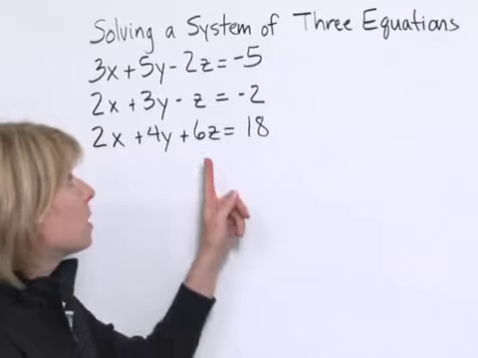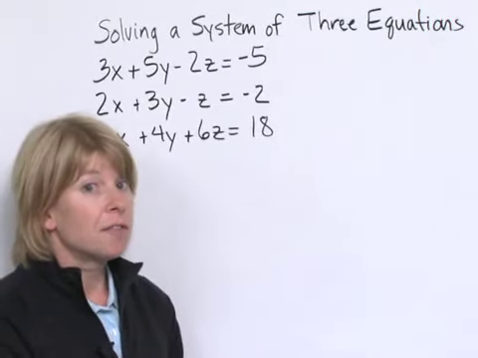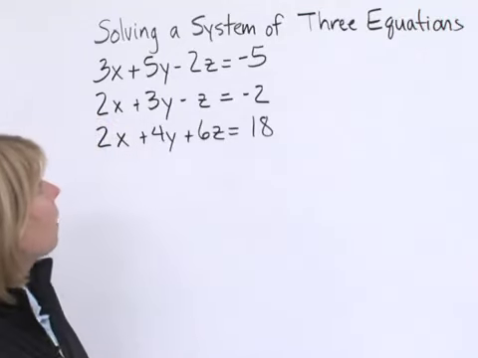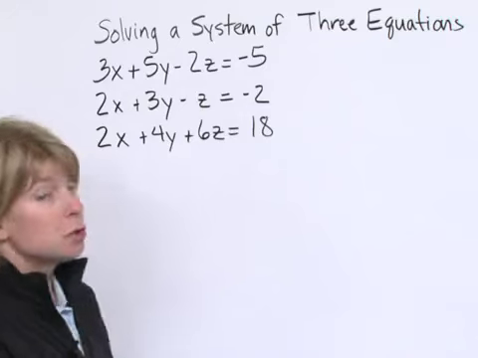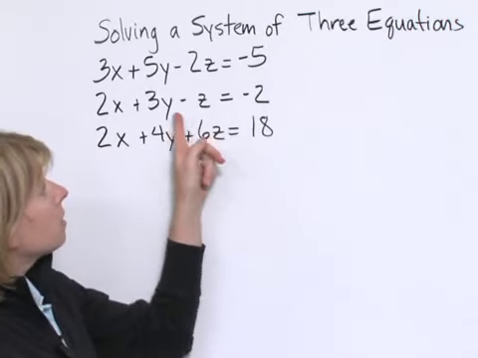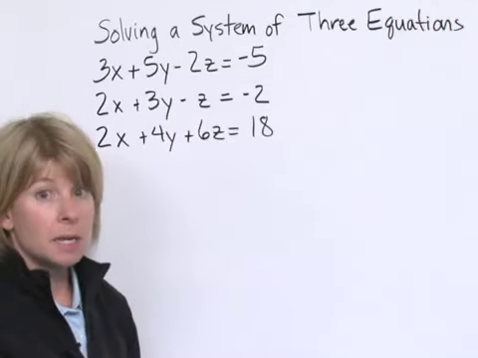Here we have a system of 3 equations, and the helpful hint tells us to first look at the first 2 equations and eliminate one of the variables. Probably the easiest thing to do to eliminate one of the variables here would be to multiply the second equation by -2 and then add together to eliminate the z.